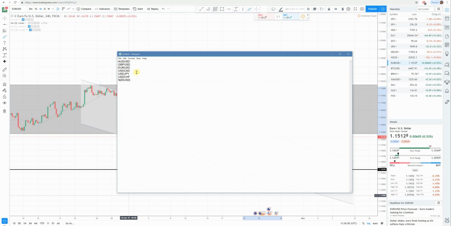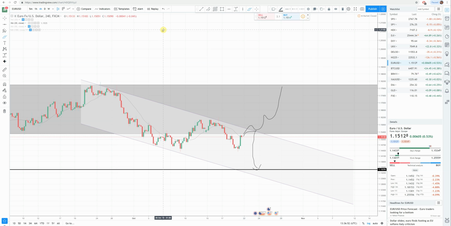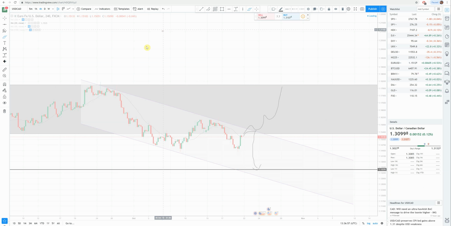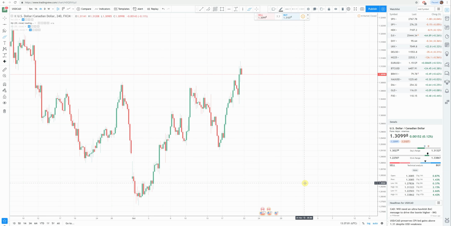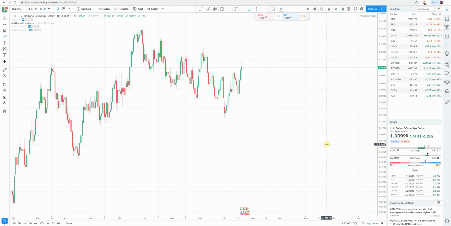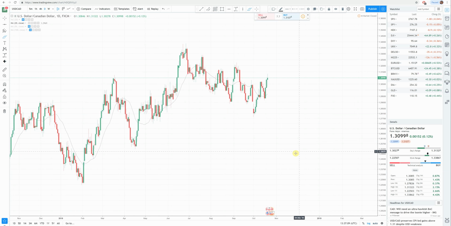And now we come to US Canadian dollar. Let's look at the daily chart. Okay, we are on a bit of a down channel here ever since June.